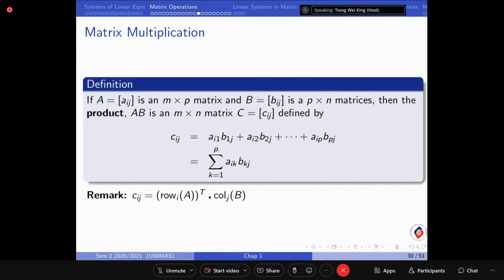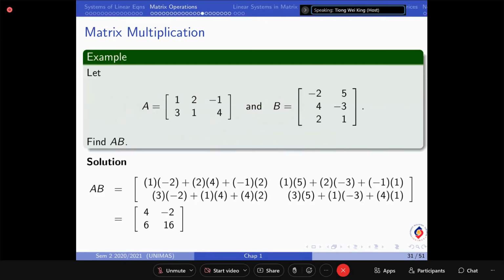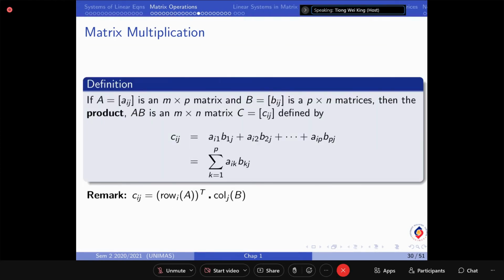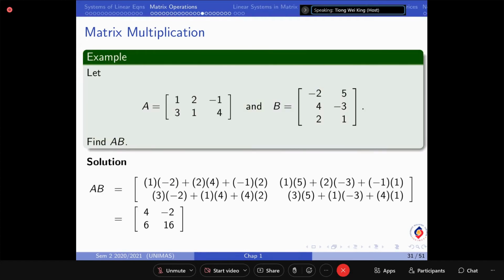And then next is the matrix multiplication. So this one I'll just explain a little bit because I think some of you still cannot do the matrix multiplication. So this is the formal formula for the matrix multiplication, but I doubt you will understand the formula, so I'll just explain. Now, given matrix A and matrix B, find AB.